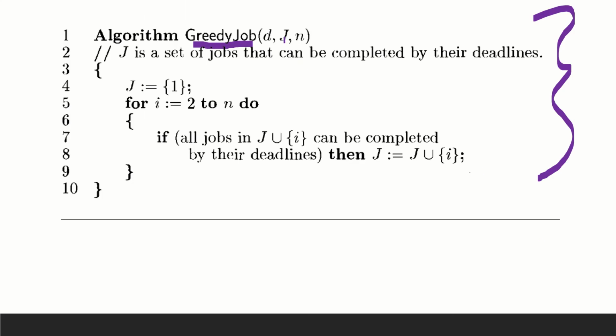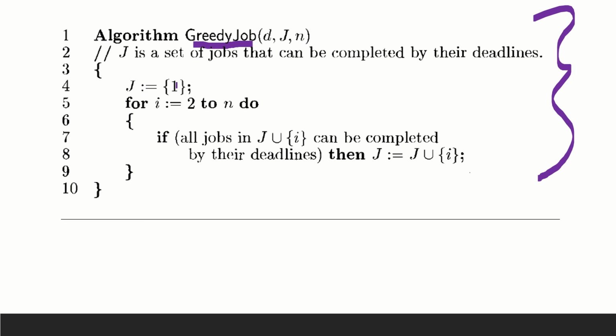J is where we store the result. Whenever you select a job from the list for finding the optimal solution, it will be stored inside the capital letter J. N means the number of jobs we have to consider. Here D is the 2 1 2 1 list, J is initially empty, and N is 4 because we have 4 jobs.